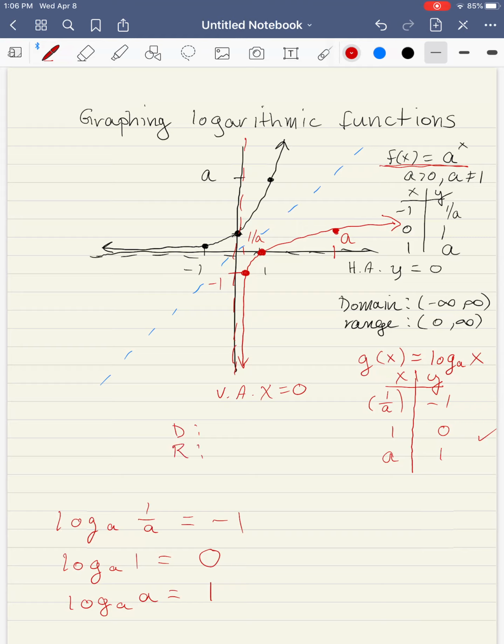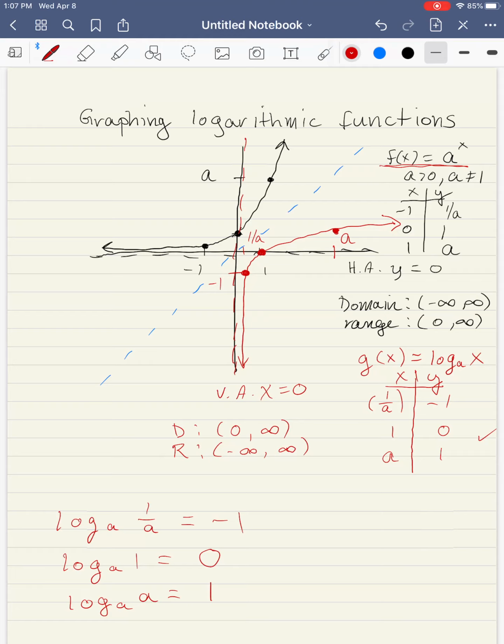Go ahead and write the domain and the range of that red graph there, the logarithmic graph, based on looking at the picture. And we see that my domain is 0 to infinity, and my range is -infinity to infinity.